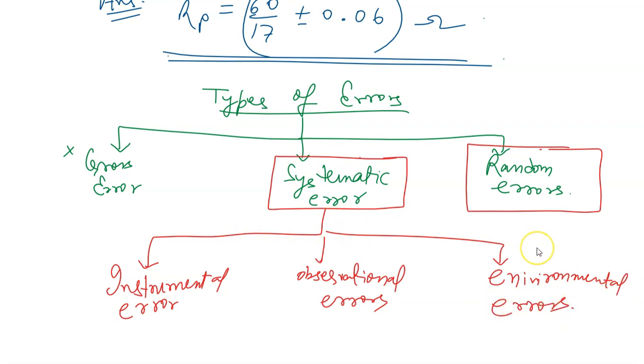So these phrases themselves are able to explain what we actually mean by each one of them. Random errors, you can say we are not sure about the condition and we are not basically sure about the cause of the errors. Gross means the total error.